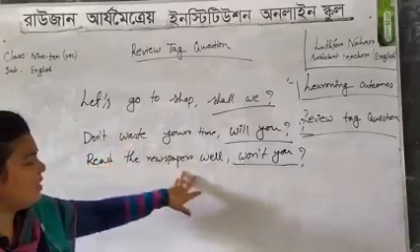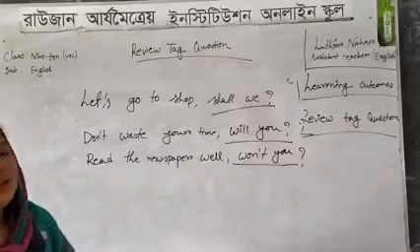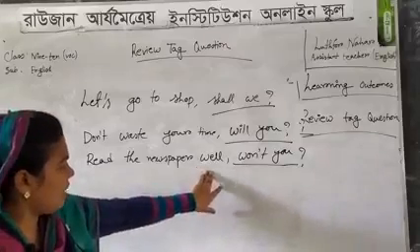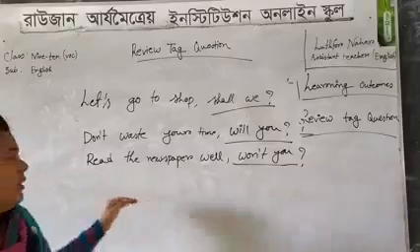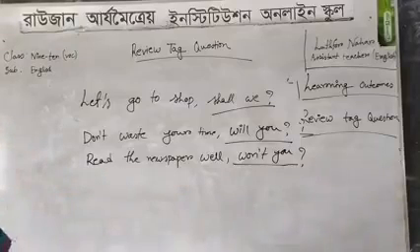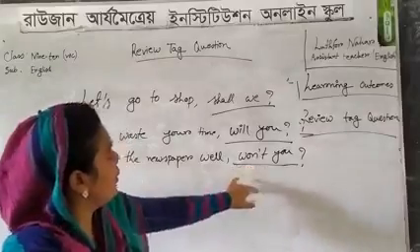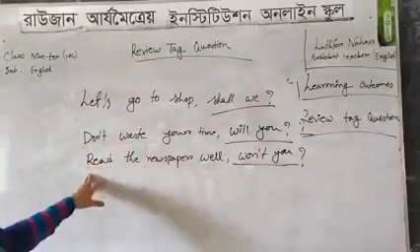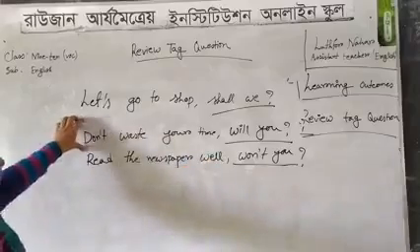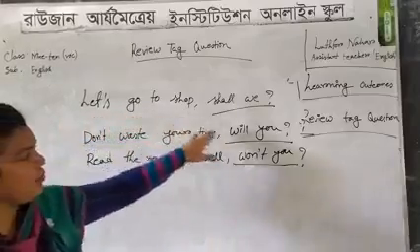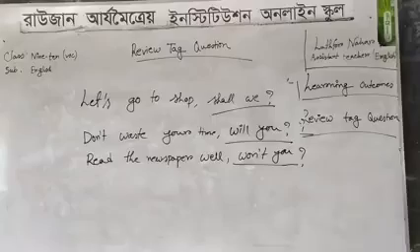And here the speaker told the listener to do something, an order to do something. That's why we use won't you. As this is a positive statement, we use a negative tag, and here is a negative statement, we use a positive tag.